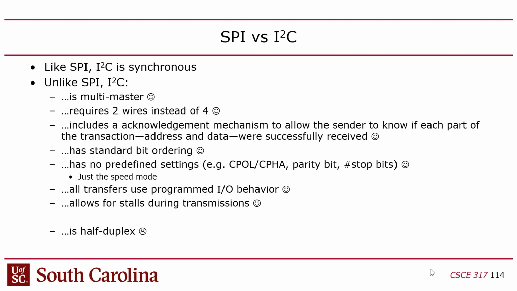Address and data. You guys remember that from SPI, it's the same way, except with I2C, there's an acknowledgement that comes after both phases. Both the address and the data phase have an acknowledgement bit, which allows whoever is sending the address or the data to know whether the other side acknowledged it. Make sense?